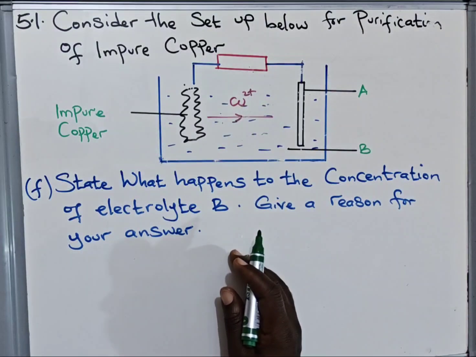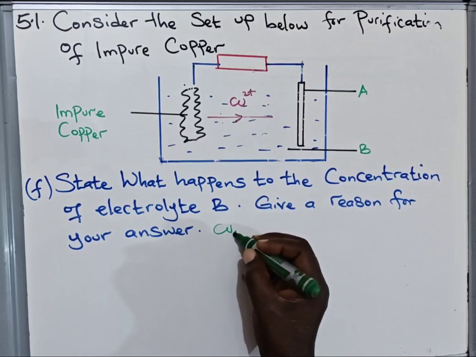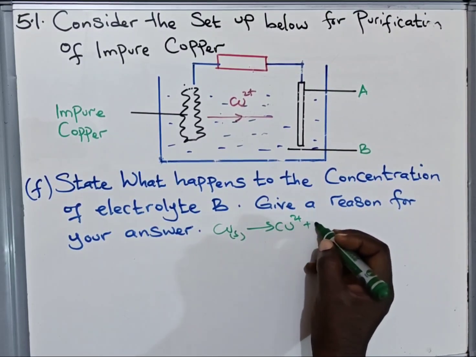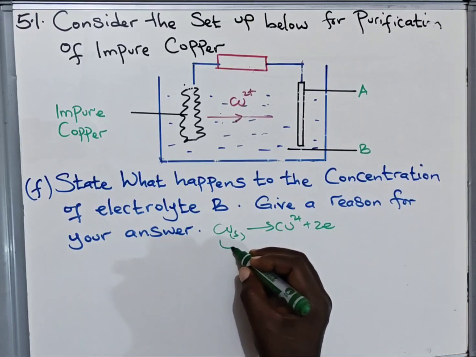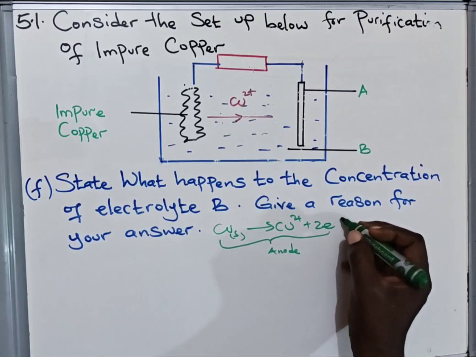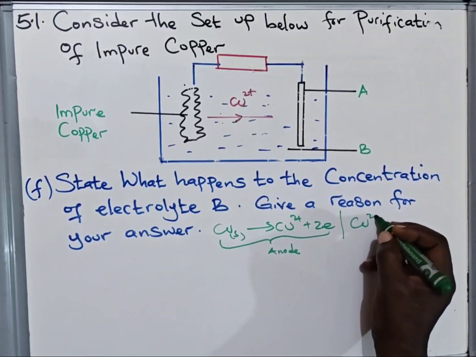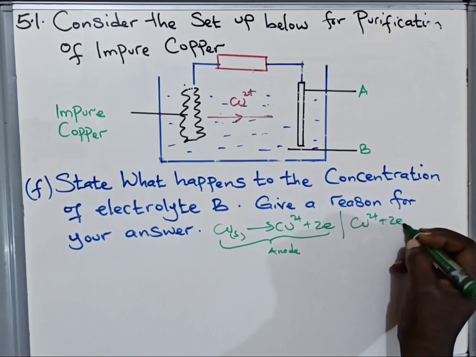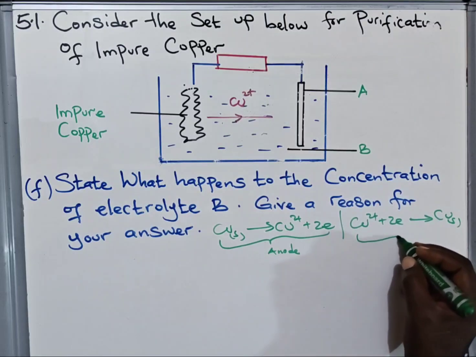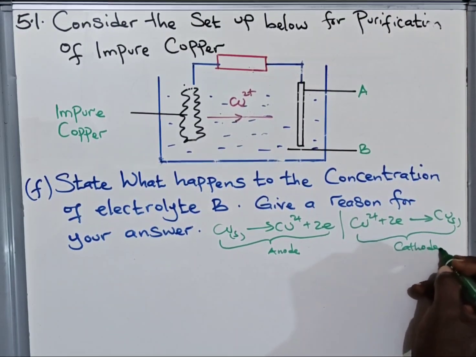At the anode, we have copper solid being oxidized to copper 2 ions plus 2 electrons. This is the reaction at the anode. At the cathode, what do we observe? The copper 2 ions take up 2 electrons to give you copper solid. So this is what we have at the cathode.